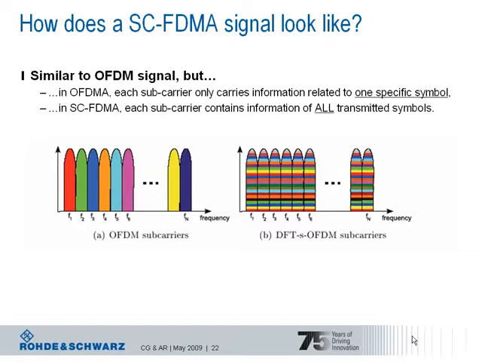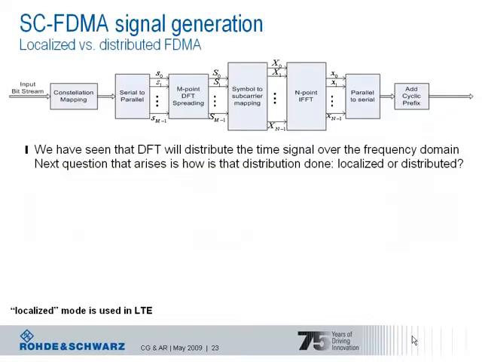You can see on the right hand side of the graph that each of the different subcarriers now carries a little bit of red, green, blue, orange, and so on. So by performing a DFT precoding, we shift around the problem of high amplitudes due to subcarriers in phase.